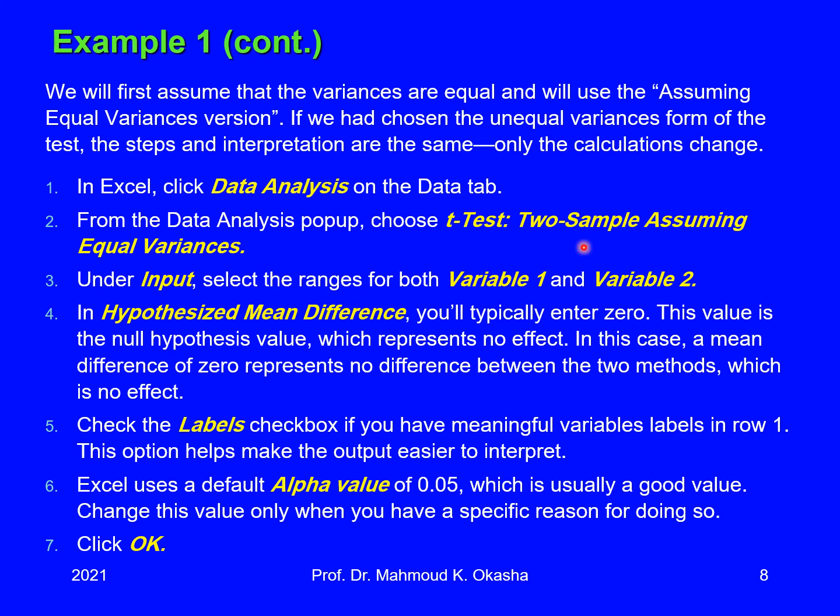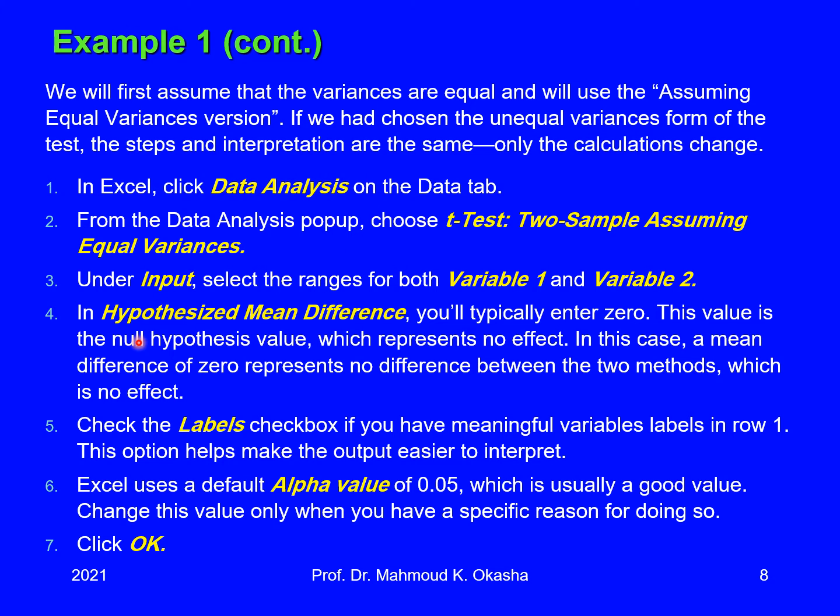You choose the t-test, exactly the version of two sample assuming equal variances. As we mentioned earlier, you have different forms of t-test, but you choose the two sample assuming equal variances.